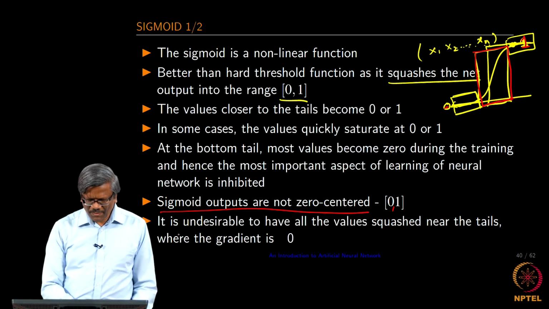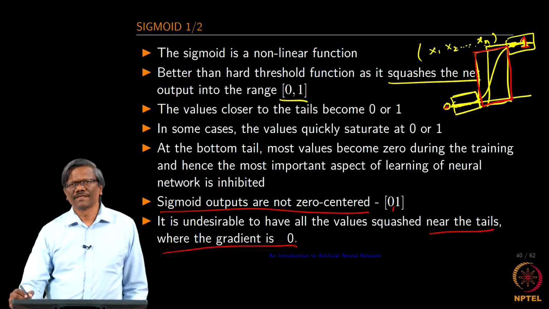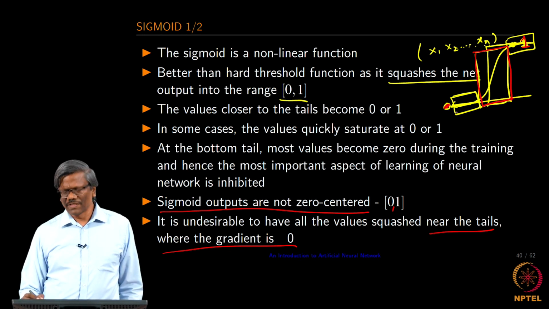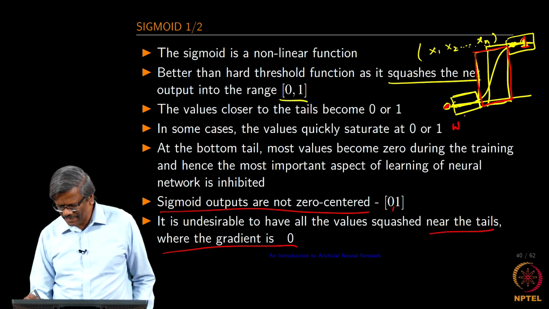It is undesirable to have all the values squashed near the tails where the gradient is 0. The reason why the gradient should not be equal to 0 is, if you remember, our calculation of weight is like this. This is the iteration number.